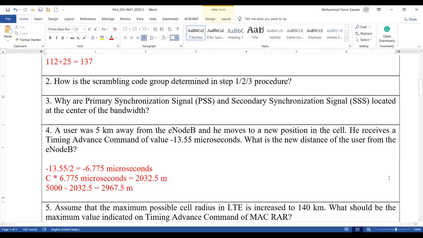That explains how you organize the DTX. But if people avoided the DTX, the PSS and SSS would still take up the center of the bandwidth, even if you did not have DTX.